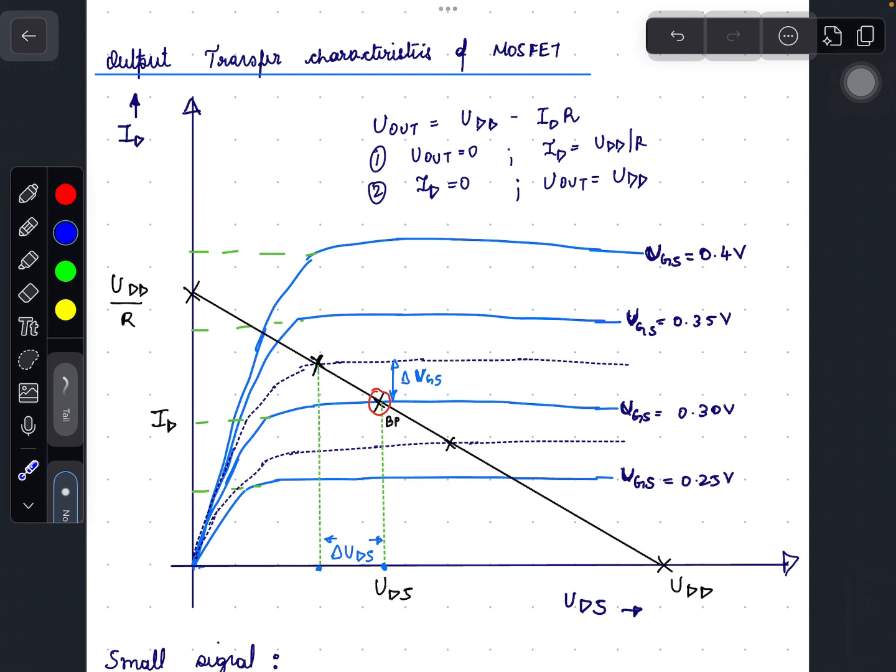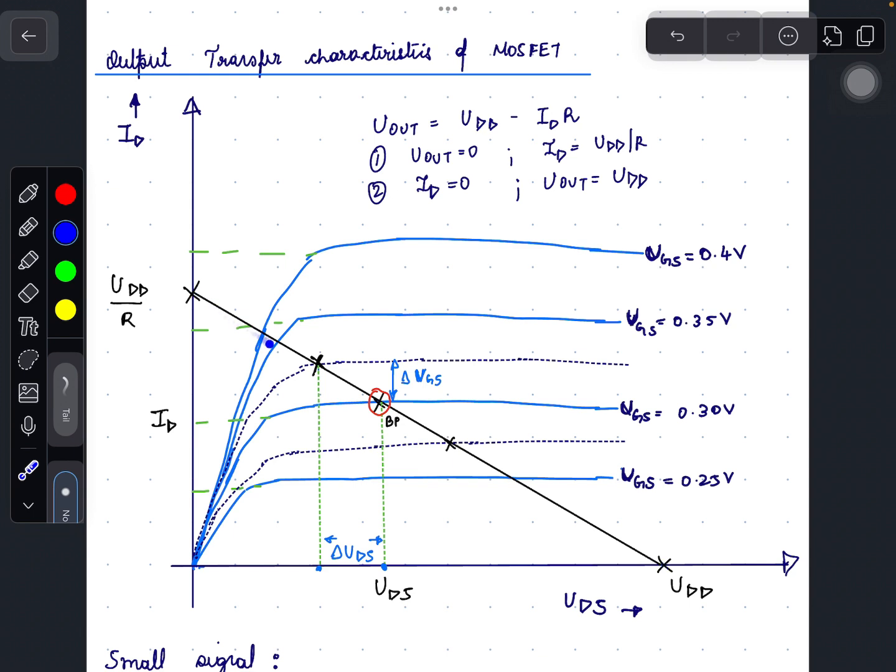Setting the bias point. The bias point is set by the input voltage, that is UGS, and by setting the value of the resistor R. Here the output voltage Uout is given by Uout equals UDD minus ID times R. The transfer characteristics of the resistor has to be drawn, that is, when Uout equals 0, find what is ID, that is UDD by R, that is this point, and when ID equals 0, what is Uout? Uout will be equal to UDD, that is this point.